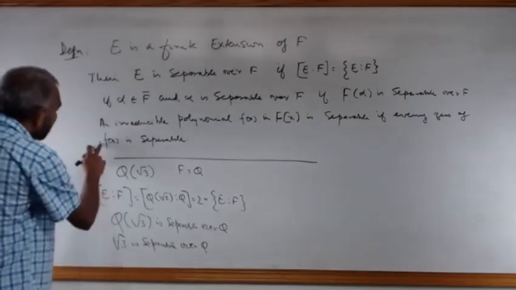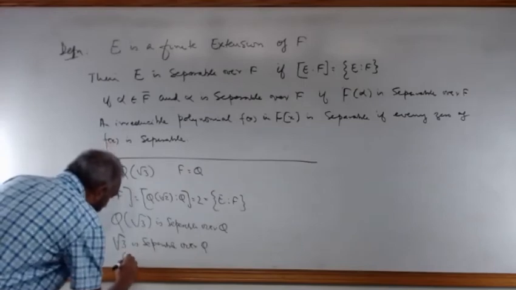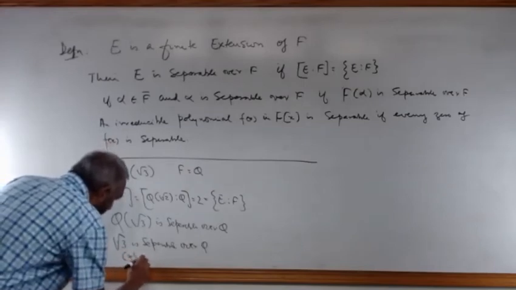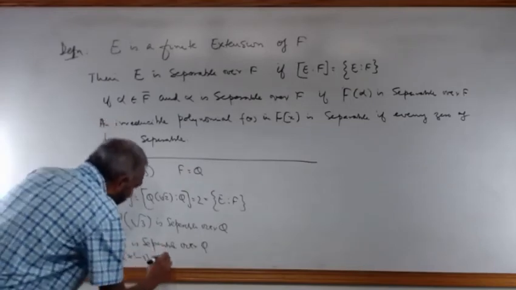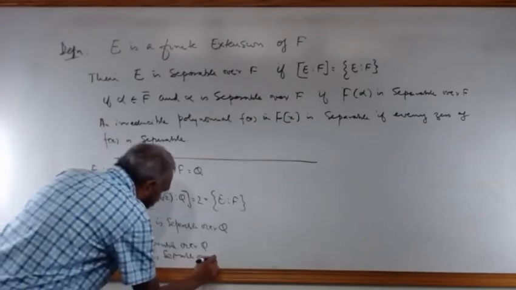And the third definition is the irreducible polynomial, that is x squared minus 3 is separable over Q.